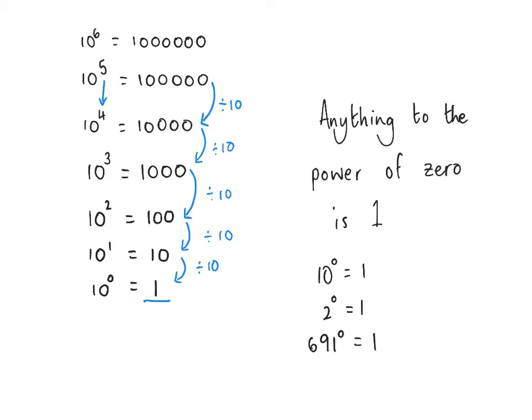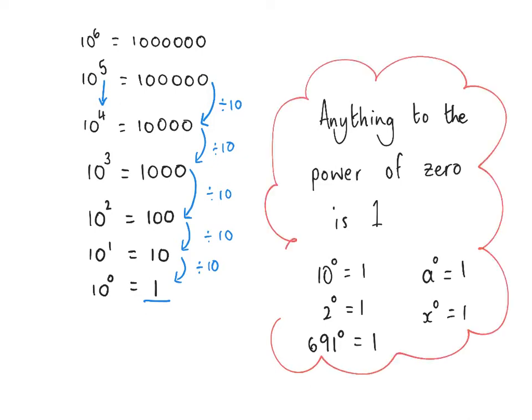And you can even do it with algebra. A to the power of 0 is 1. X to the power of 0 is 1. Because it doesn't matter what the number is. If it's to the power of 0, it's always 1. So make sure you've got this written somewhere in your book. Pause the video now and write it.